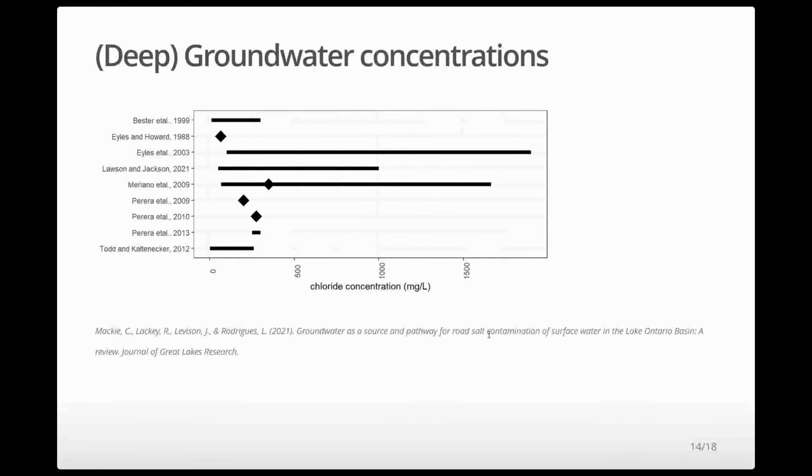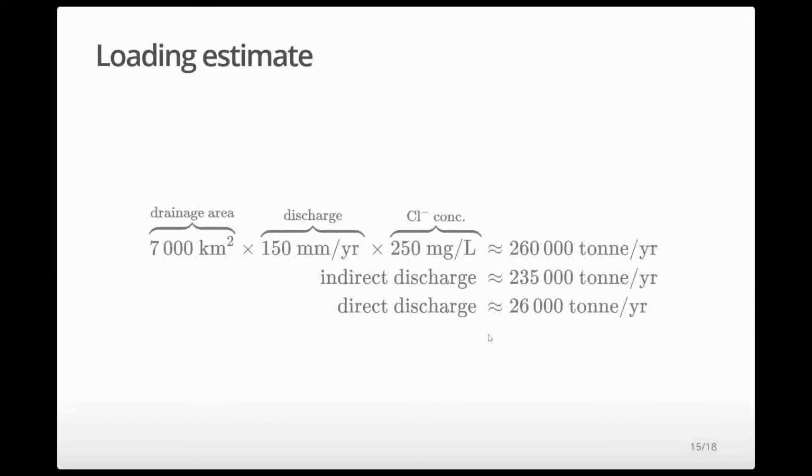So I was lucky to be handed this paper by Mackey et al. because it was a review of past studies looking at deep groundwater concentrations within our study area. And what we could see is that they all seem to hover around that 250 milligrams per liter. So let's use that. So if we estimate loading with a 7,000 square kilometer drainage area, let's be conservative and pick 150 millimeters of discharge, both direct and indirect, and a 250 milligram per liter chloride concentration.